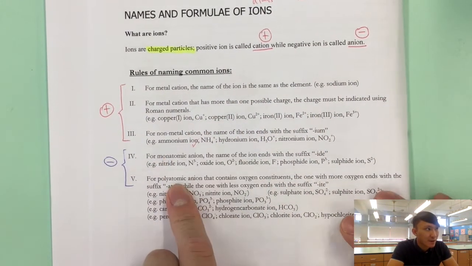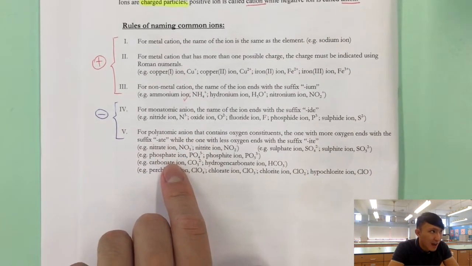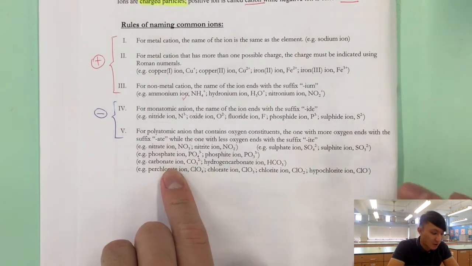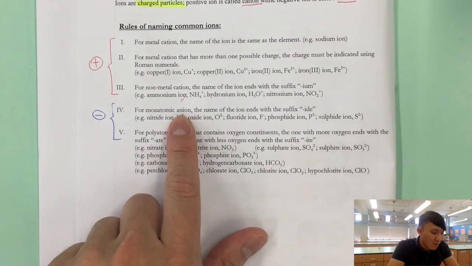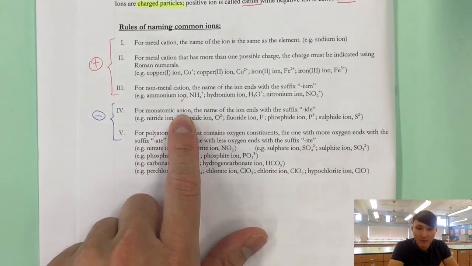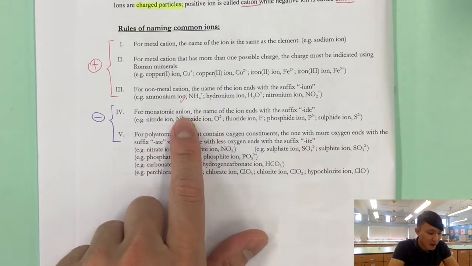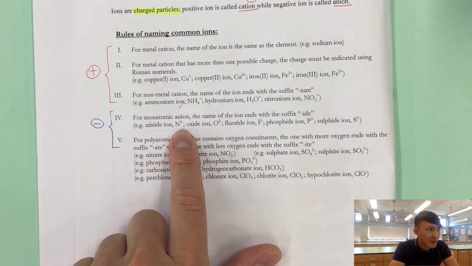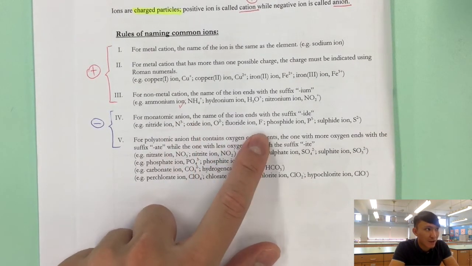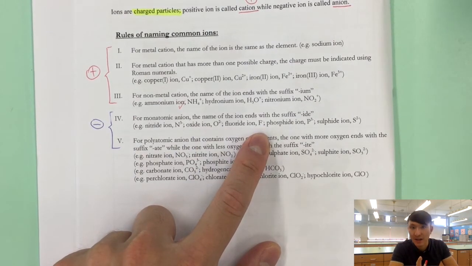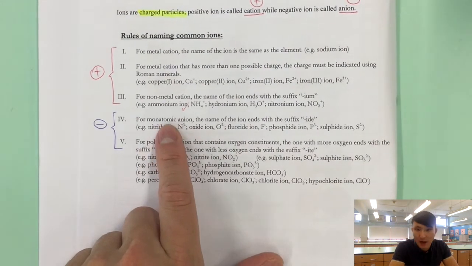Okay? Now down here for anion, for negative ion. So for monatomic anion, monatomic means single atom ion. Okay, single atom ion. For example, like this one, N3 minus, O2 minus, F minus. You see, one atom only. So these are called monatomic ions.